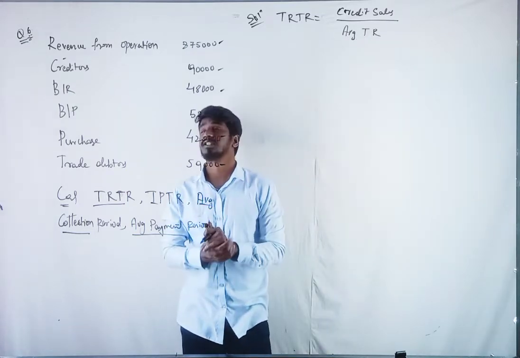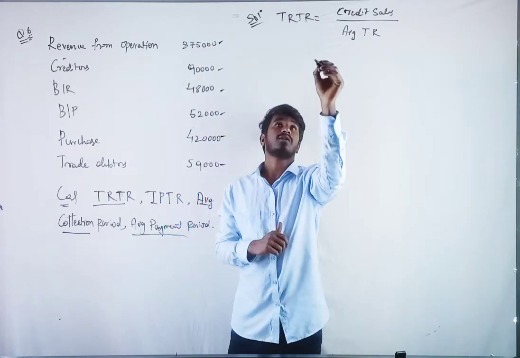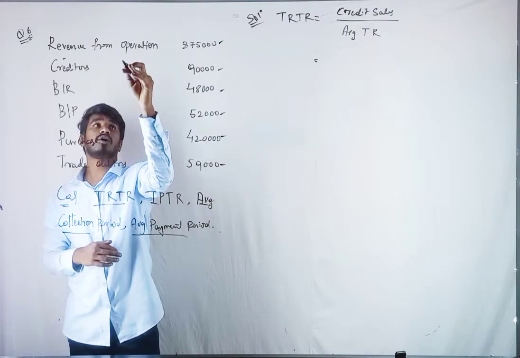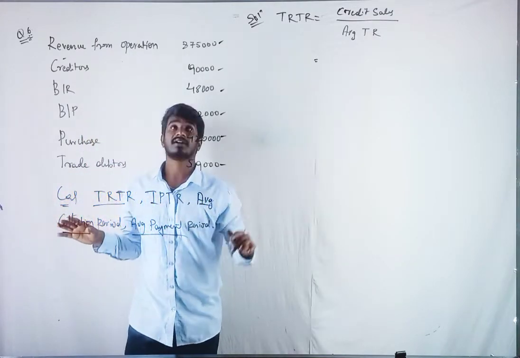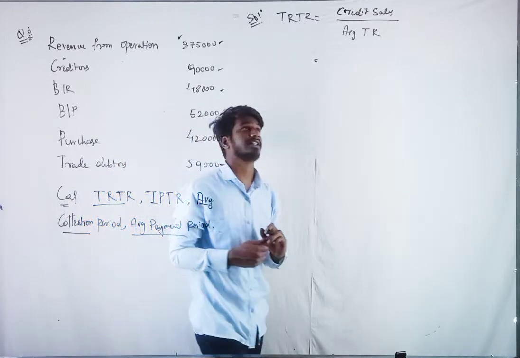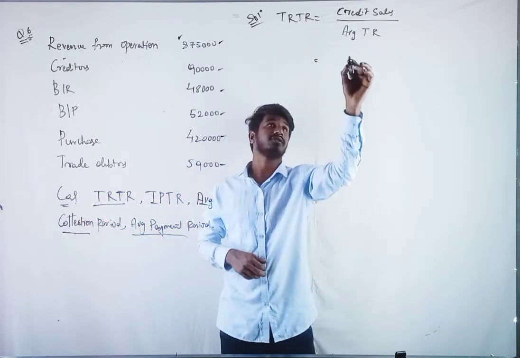Is that correct? How much credit sales they have given? Revenue from operation, nothing is mentioned, we will consider it as totally credit sales, 8,75,000.